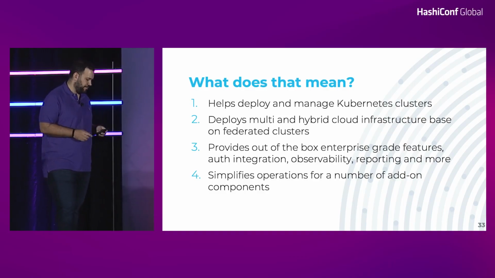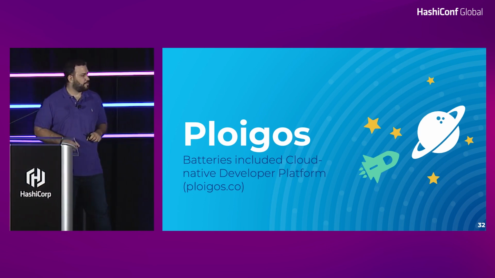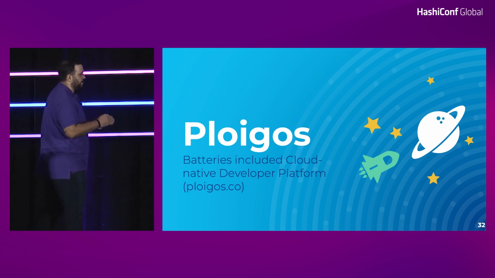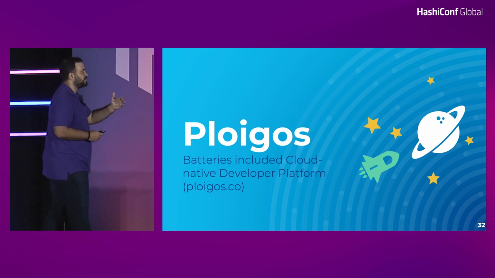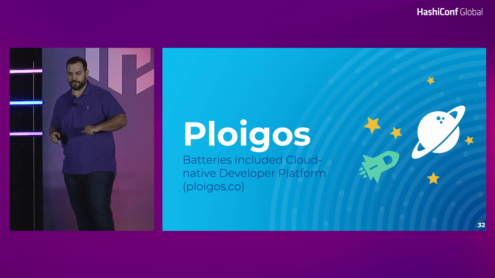A little disclaimer there. Ploigos at the moment is a test project. The intention is for it to become open source soon, but if you look for it online, you're not going to find the code yet.